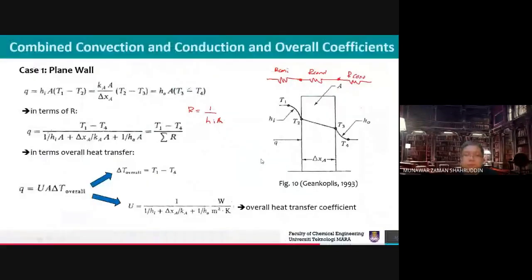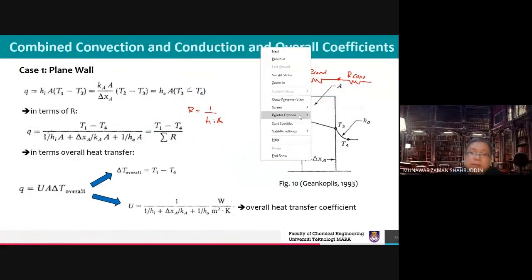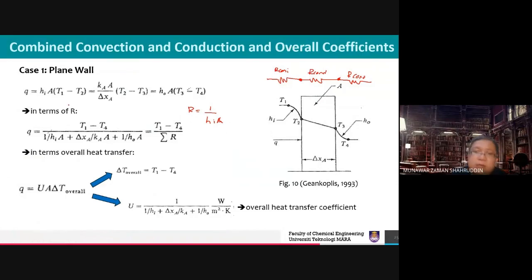It's just the same with R_i, and the same with R_o, 1 over hoA. It happens to be the same A. That is why when you take out the value of A, this R will become U. It will become U. The A is not there anymore.